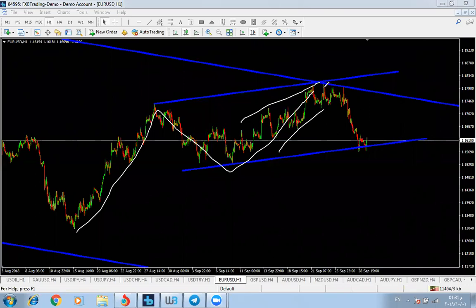So price started to move to the downside. You might consider this as wave 1, wave 2 in the form of a regular flat, 3, 4, 5.